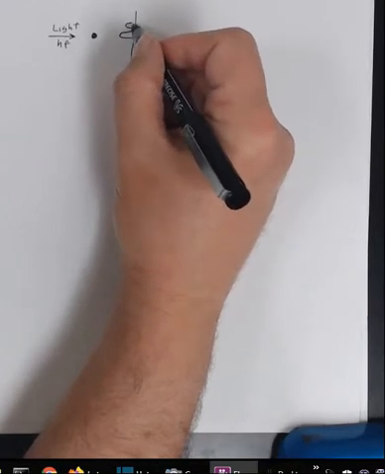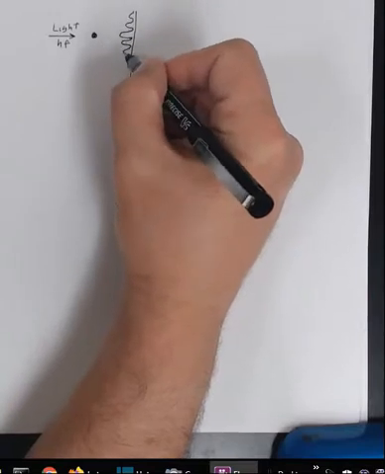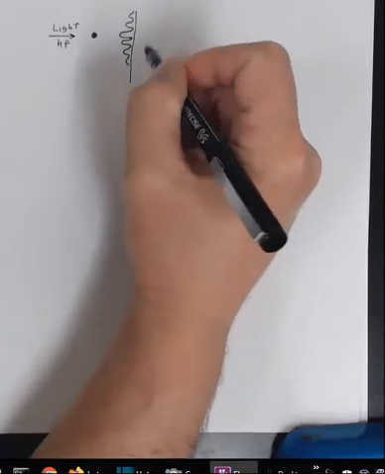So this is the intensity of light as you go. So you get some pattern.